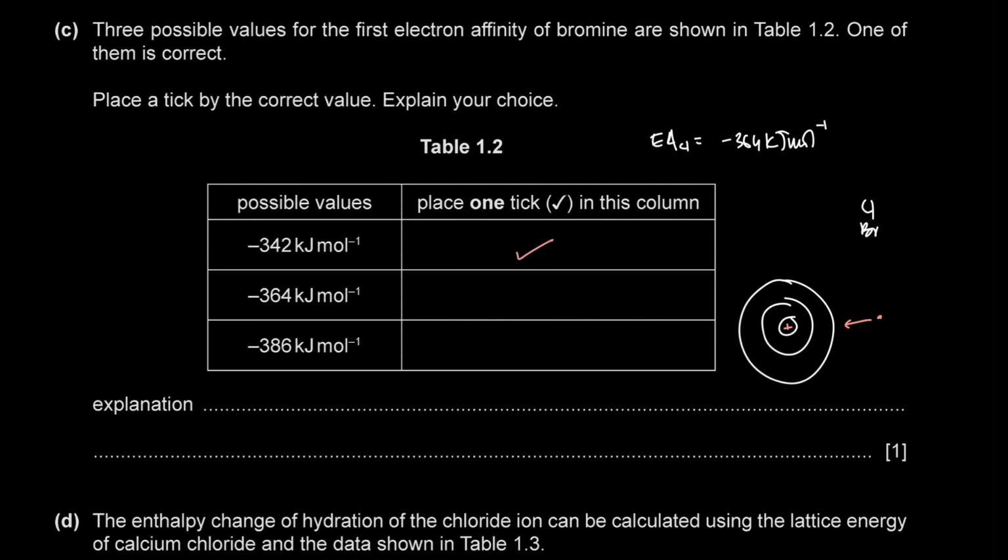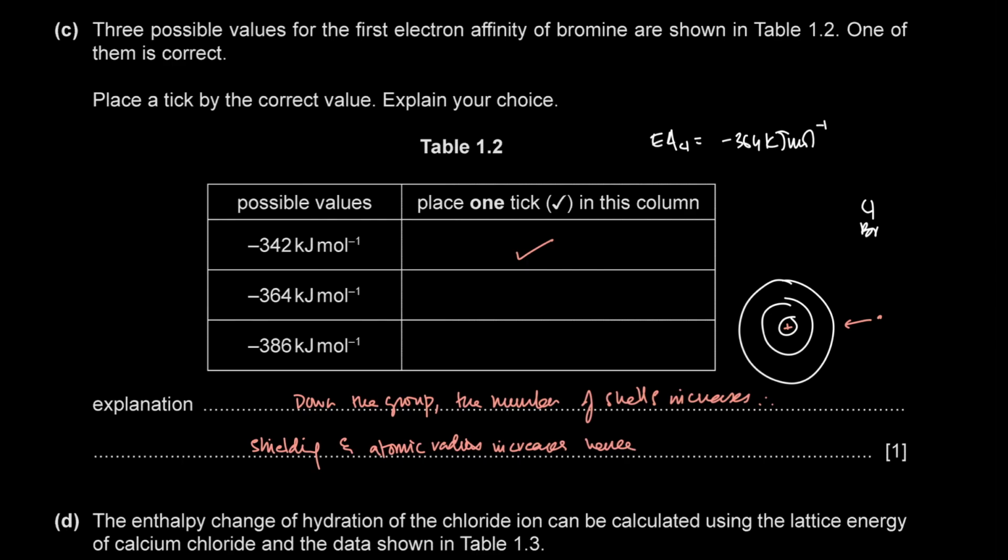And the explanation here is that it's less exothermic because down the group, the number of shells increases, therefore shielding and atomic radius increases.